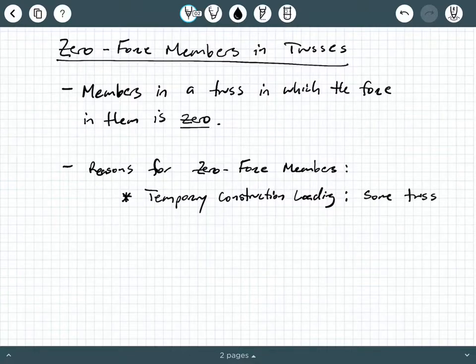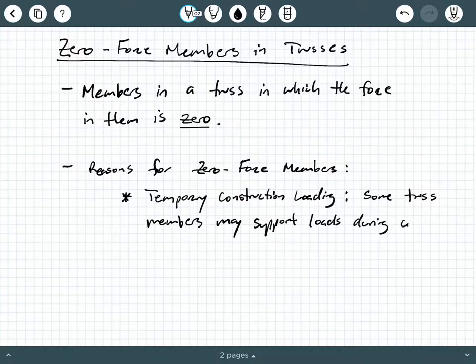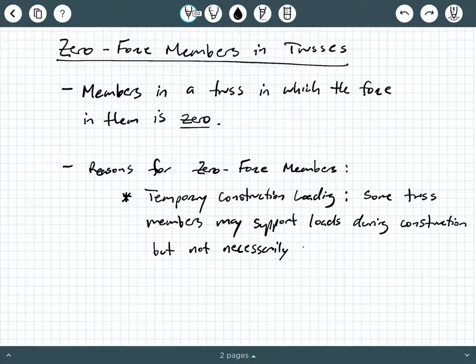Maybe not. So temporary construction loading has to do with the fact that some truss members may support loads during construction, but not necessarily after construction.